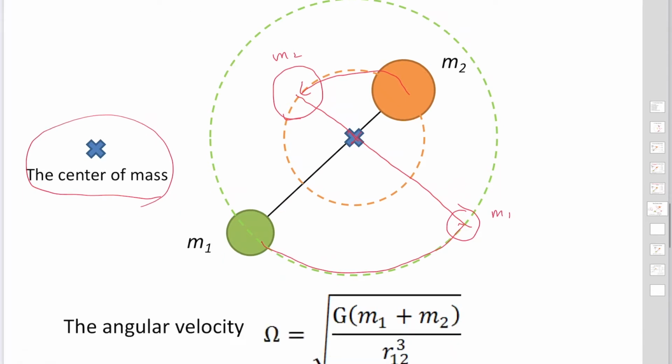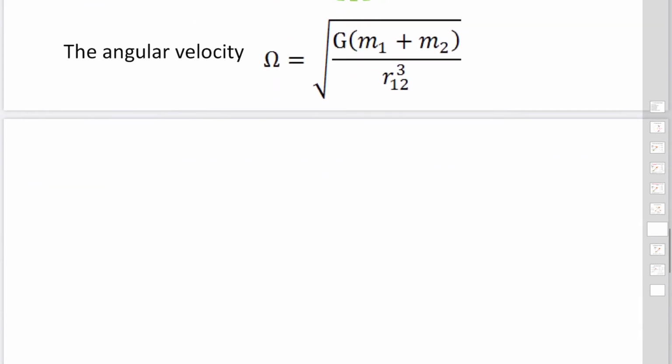So the equation for these two objects can be expressed as mu times the second derivative of r sub 1 2 with respect to time. This is acceleration. Equal to minus G m sub 1 m sub 2 over r sub 1 2 cubed times the vector r sub 1 2.